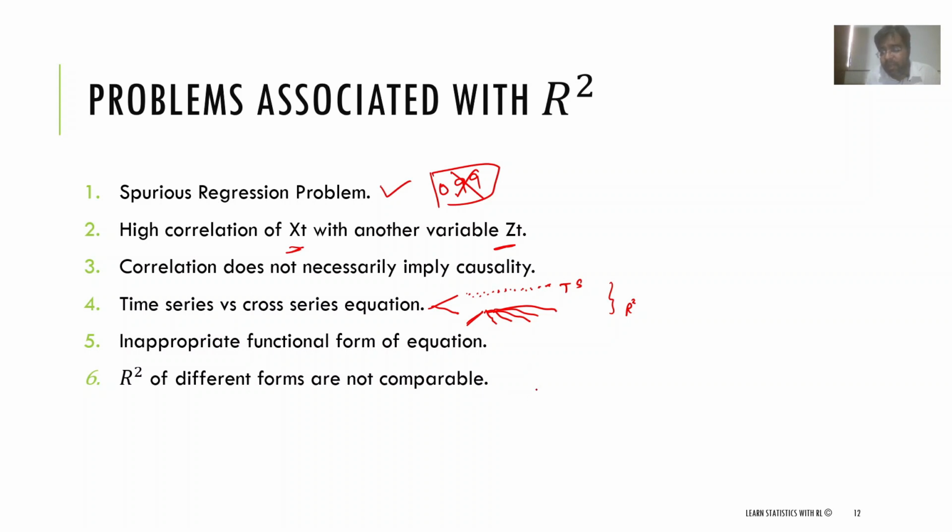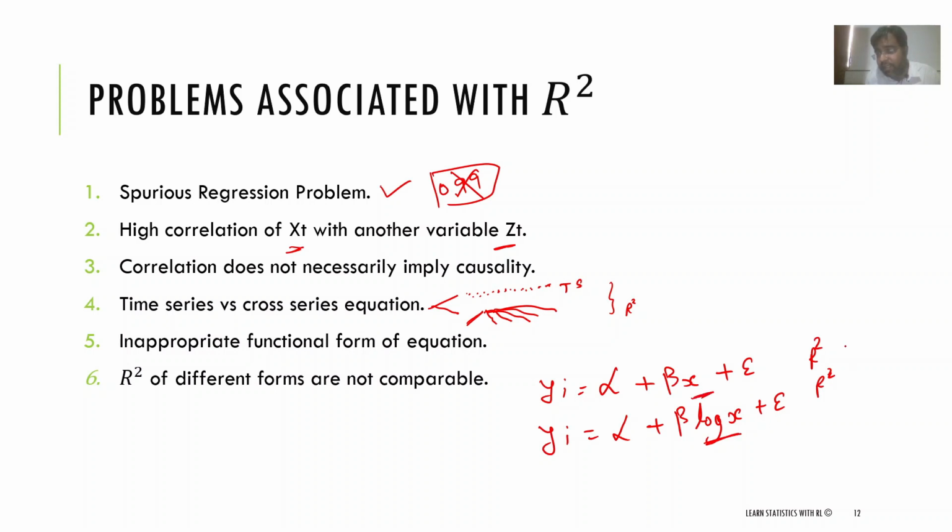For example, yi equals alpha plus beta x plus error, and another model, yi equals alpha plus beta log x plus error. Both are R squares of the same variable, but in one I have taken log of x and here there is x. You cannot compare them. They are totally different and have different sense.